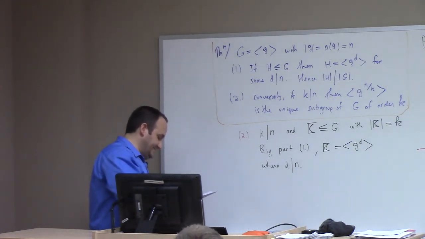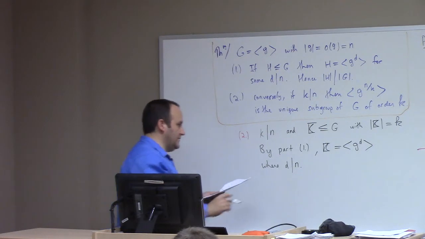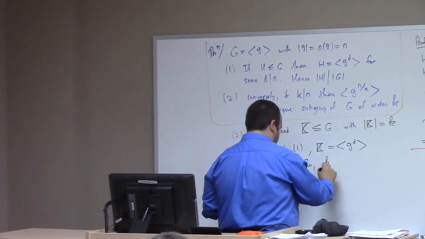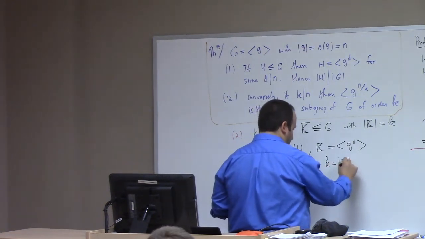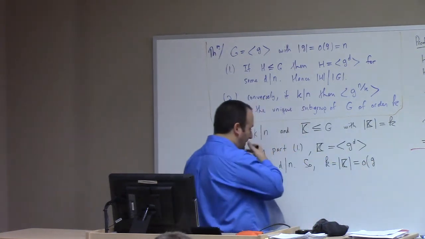And then, what do we get? So, the little k, which is again the order of big K, but that's also the order of g to the d, but what's g to the d?